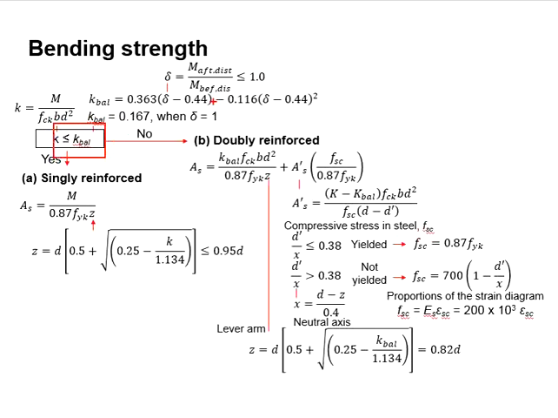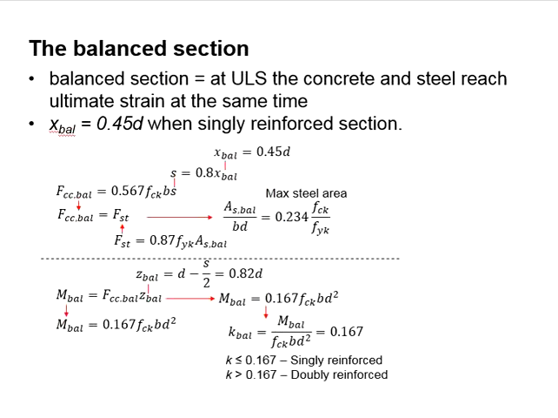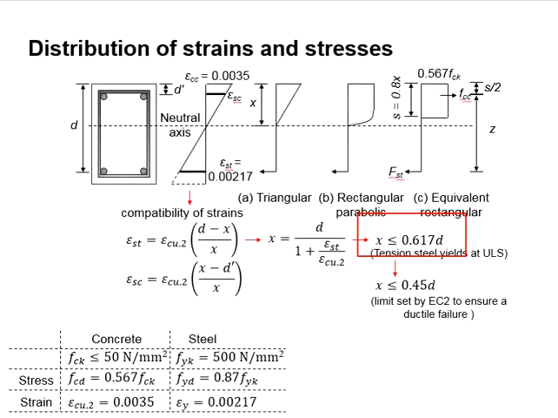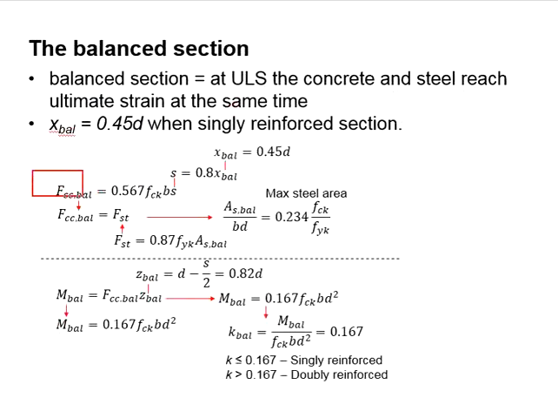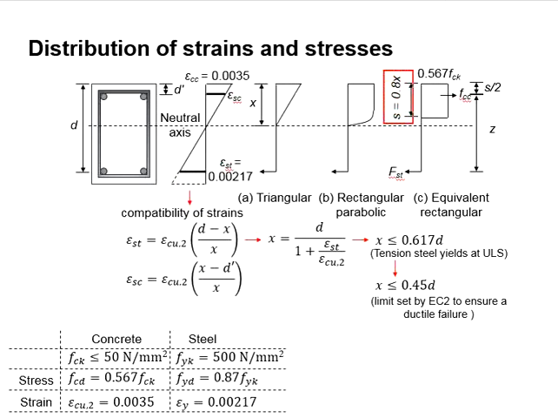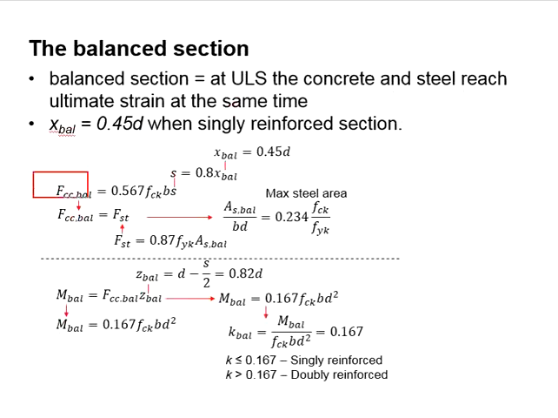K balance represents the balanced state, which by the definition of the Eurocode, instead of the actual 0.617d, Eurocode limits to be 0.45d. That gives the compressive force of the concrete at the balanced state to be equal to this. And the s here, which is this, is defined on the basis of x equals to 0.45d. How do you work out the force of the concrete at the balanced state?